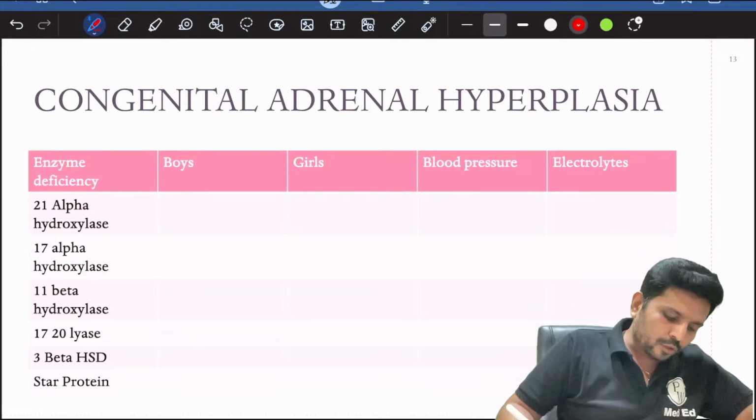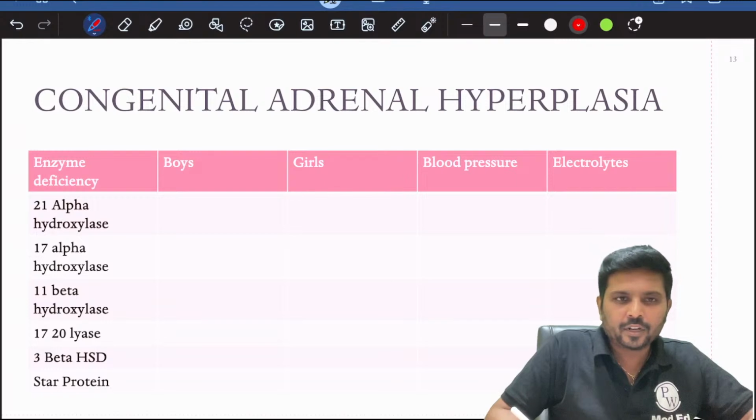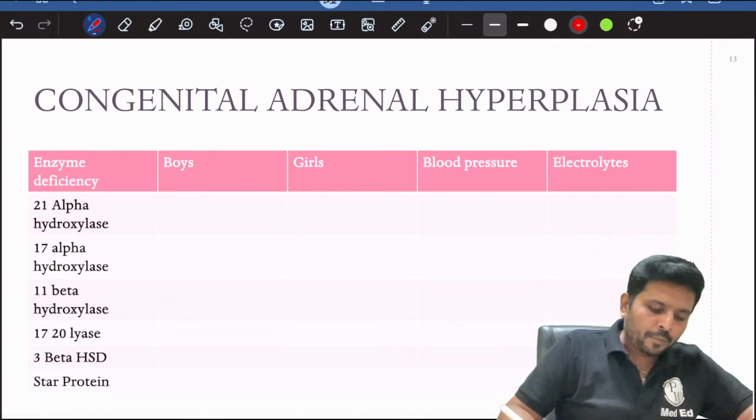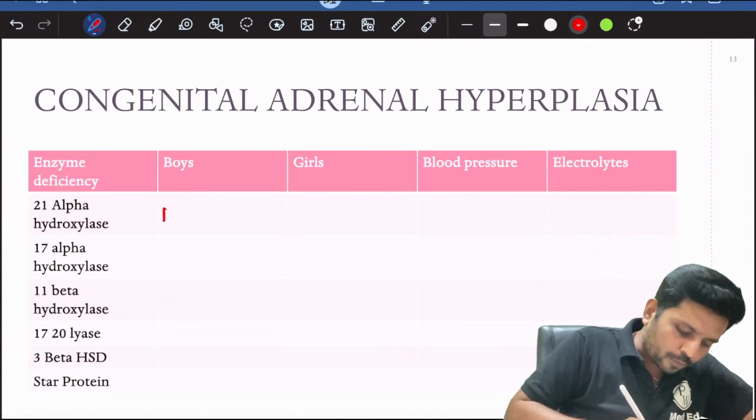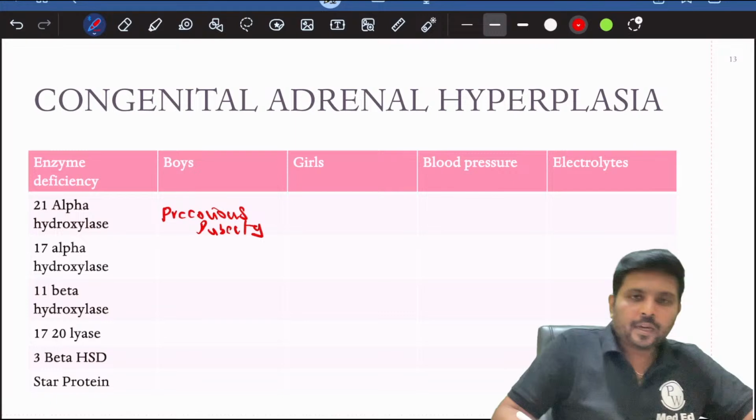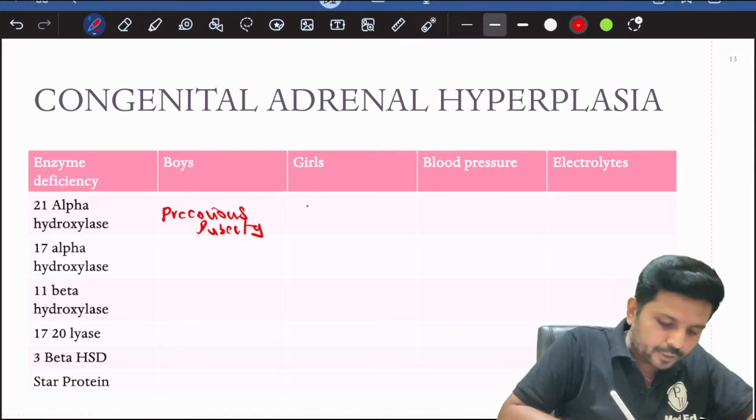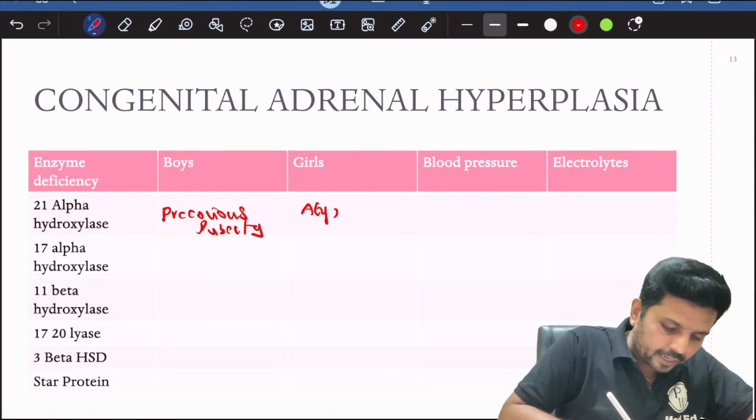The most common is 21 alpha hydroxylase deficiency. Boys usually get precocious puberty. In girls, it leads to atypical genitalia, or otherwise known as ambiguous genitalia.